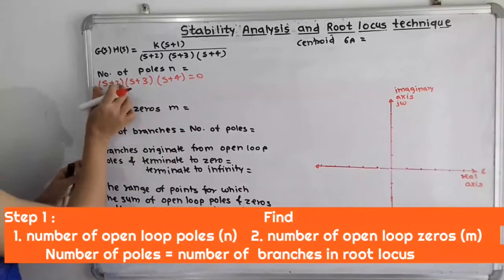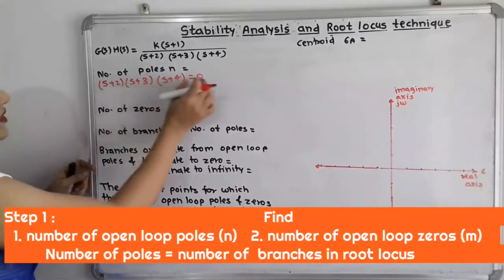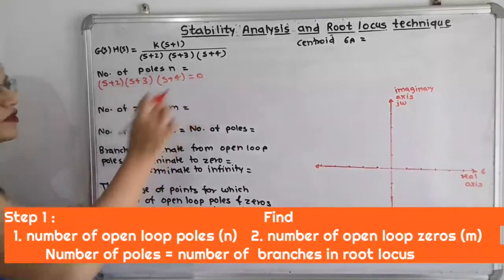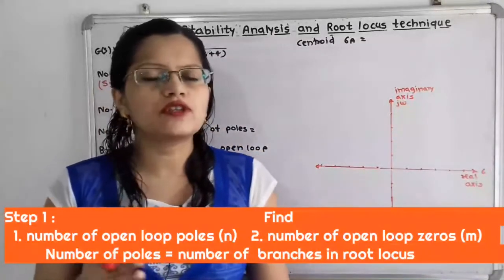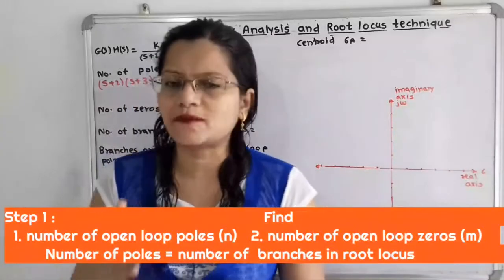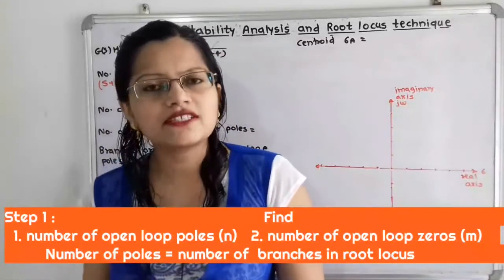So we can say that s+2 is equal to 0, s+3 is equal to 0 and s+4 is equal to 0. For the calculation of the number of poles, we have to find the roots of the denominator. So what is the value of s?